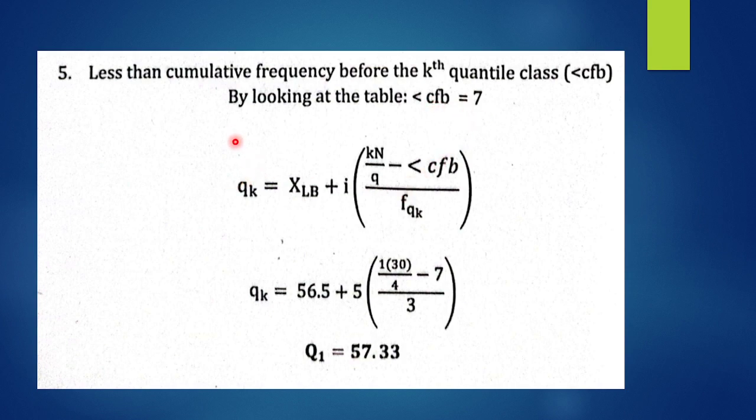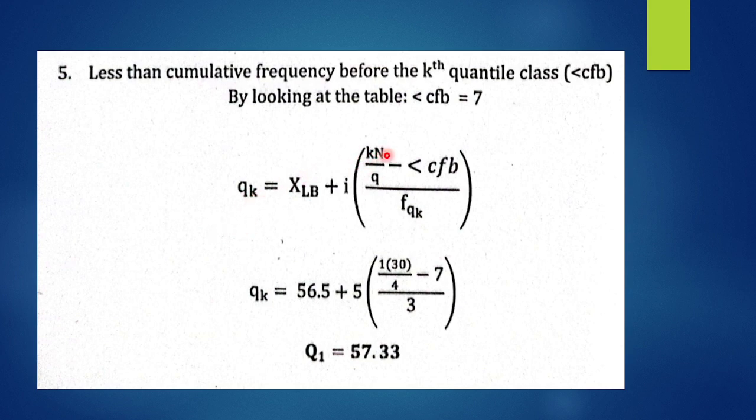So our formula is Q kth. The K here is 1, of course. We're dealing with the Q1, which is equal to XLB. This is the lower boundary of the X in this quantile class, plus the I, which is the class size, multiplied to the quantity of K, which is 1. Okay, we're dealing with 1.